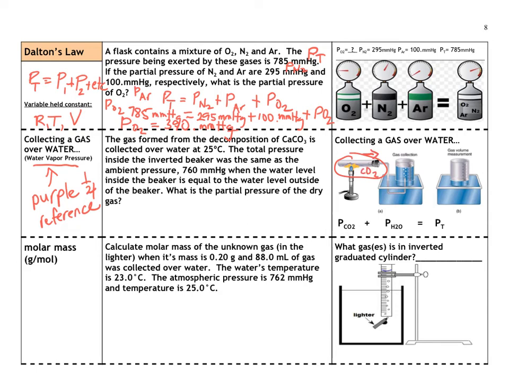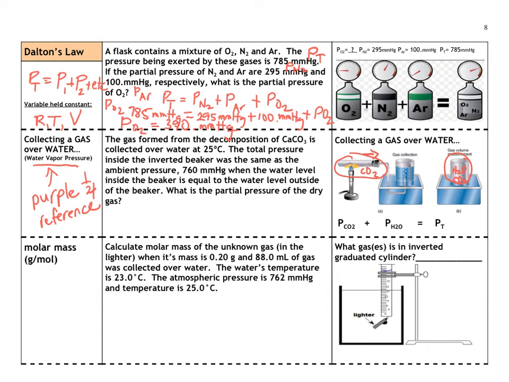And you'll notice that that carbon dioxide is being bubbled over water in order to collect the carbon dioxide. So in this container is both water and carbon dioxide. Some water vapor and carbon dioxide.